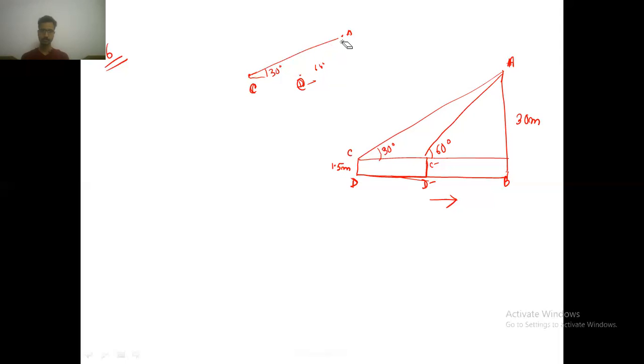Now see, you have to write down some statement. So all of you write down the statement.